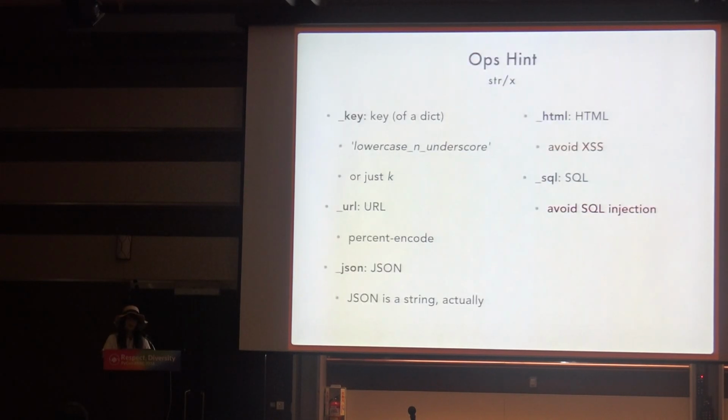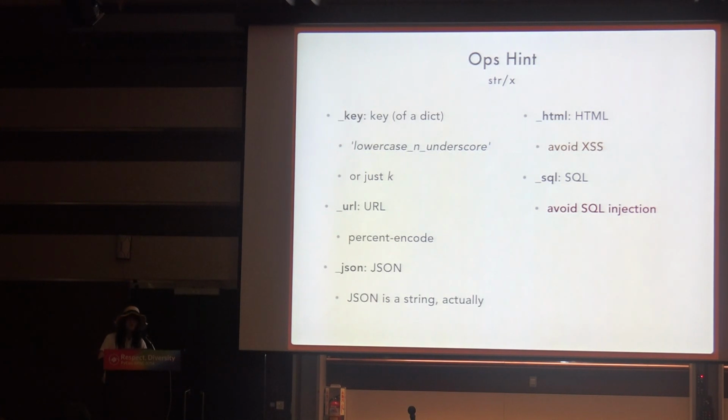It also gives operation hints. It hints the content type, and the operations supported by the content type. Like key for a dictionary key, or URL to remind you to do percent encoding. And JSON to mean it's a JSON.